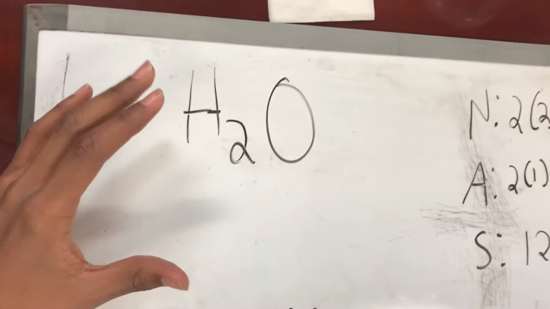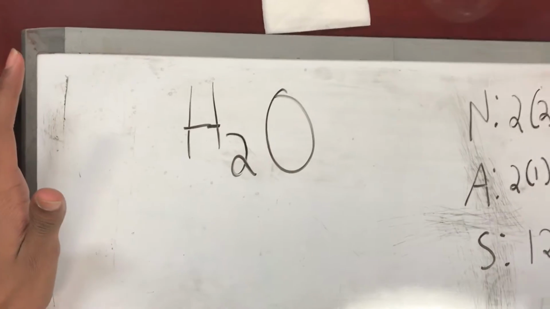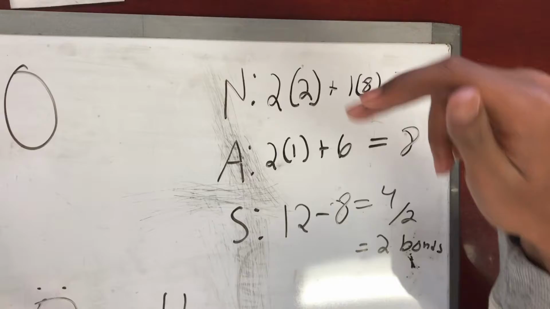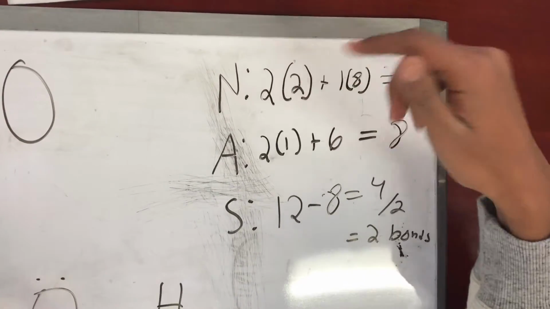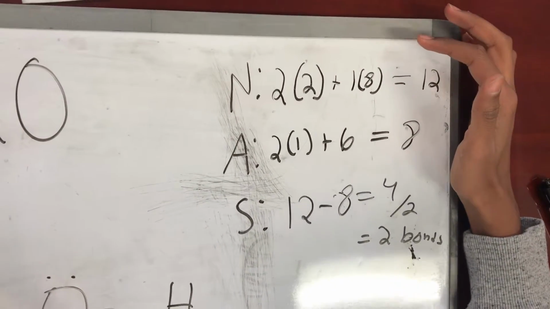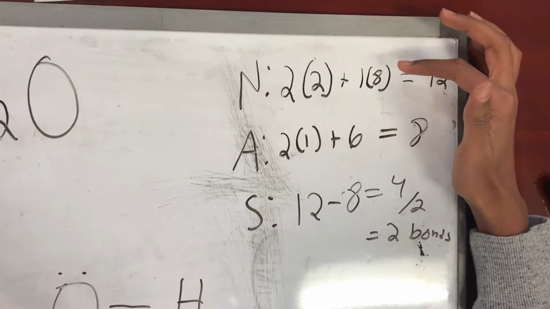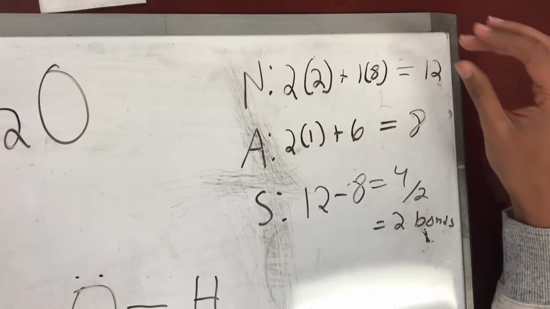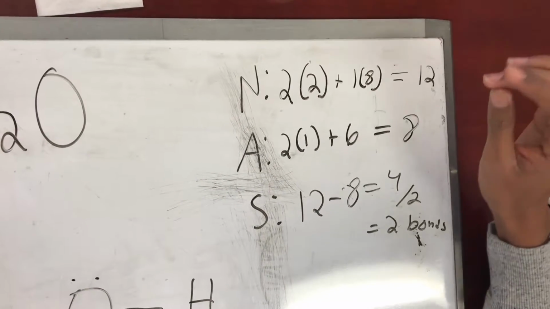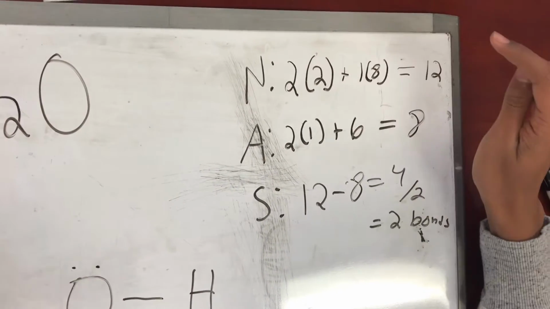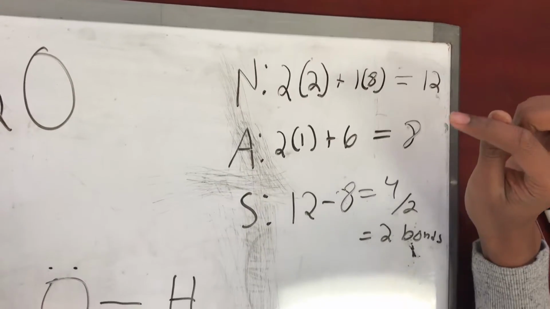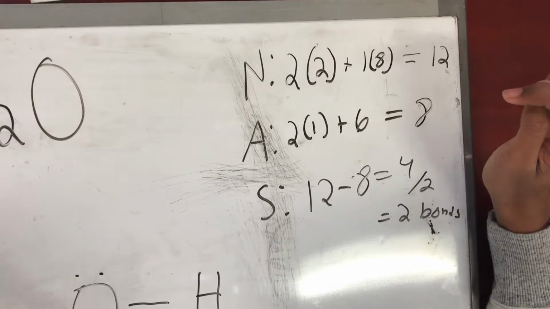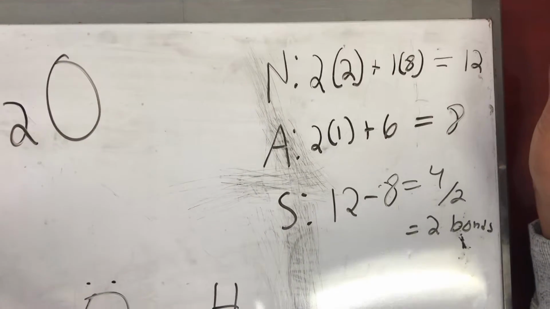Another example is H2O. To find out the need, hydrogen only needs 2 valence electrons instead of 8. So you do 2 times 2 because there are 2 hydrogen atoms. And for oxygen, it needs 8 valence electrons. So in total, the compound needs 12 valence electrons. And for the availability, you do 2 times 1 because there are 2 hydrogen atoms, and it has 1 valence electron.